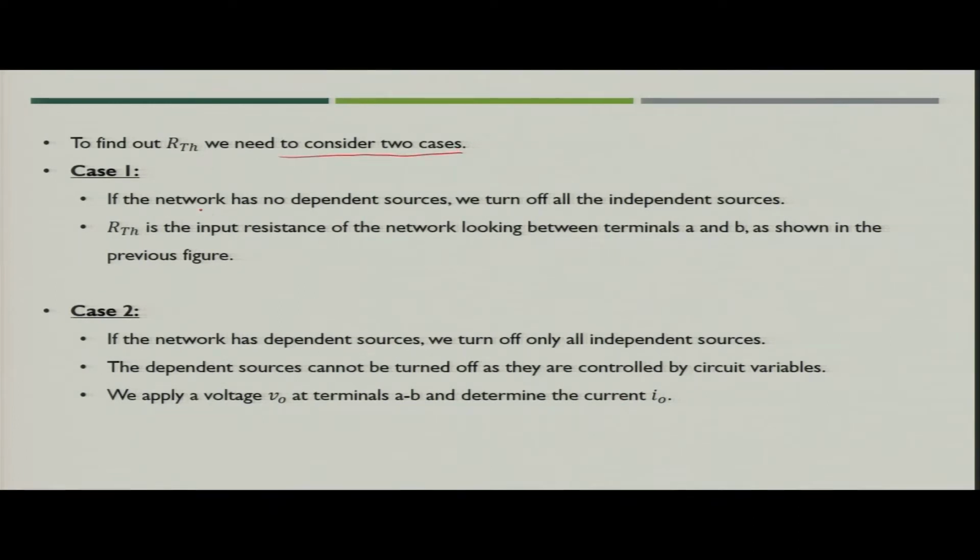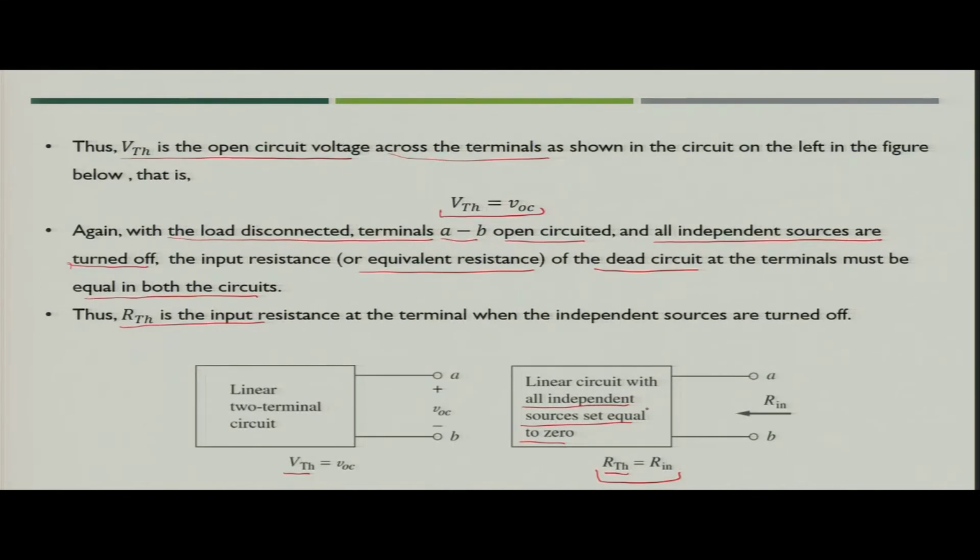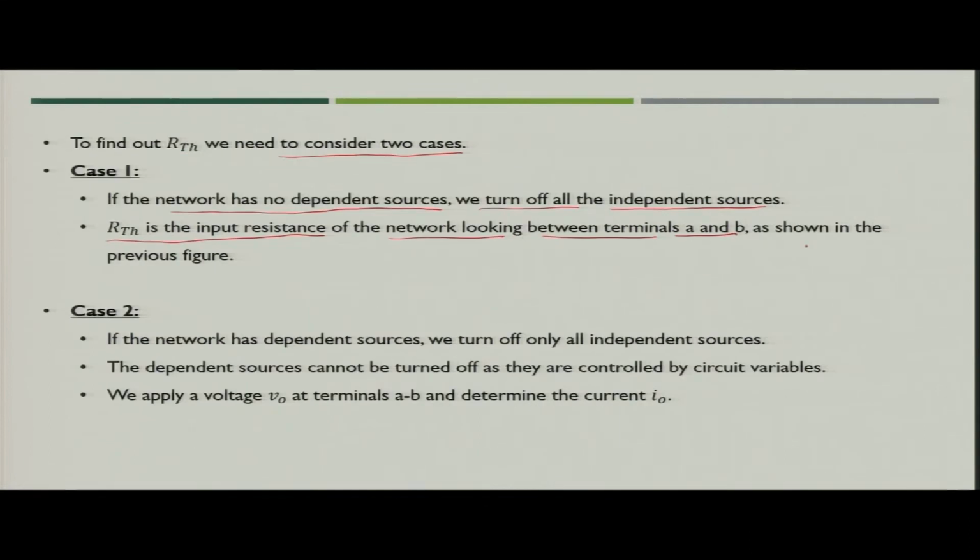First case is that if the network has no dependent sources, we can simply turn off all the independent sources, like we can make the voltage source a short circuit and the current source an open circuit, and then RTH is the input resistance of the network looking between terminal A and B. So, that means whatever input resistance you see from terminal A, B, while keeping all independent sources equal to 0, that will give you simply the Thevenin resistance.